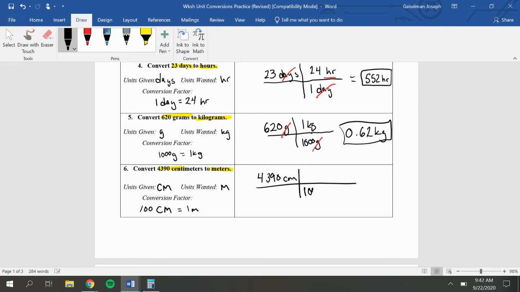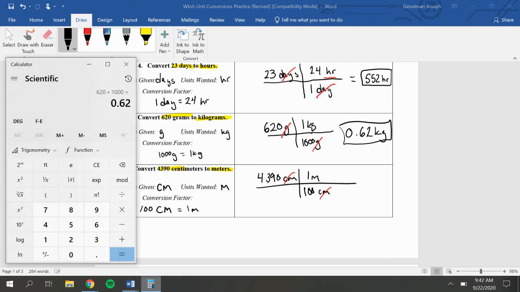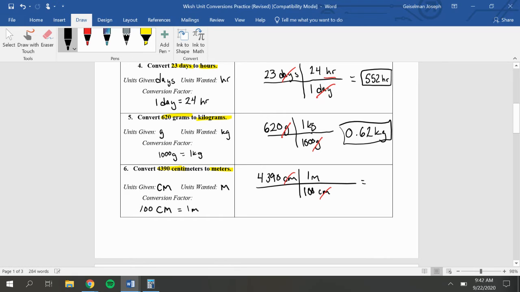We know that there's 100 centimeters in each meter, so we set up that conversion factor. We cancel out the units that we can, and we get 4,390 divided by 100, and our answer is equal to 43.9, and our unit right here, meters.